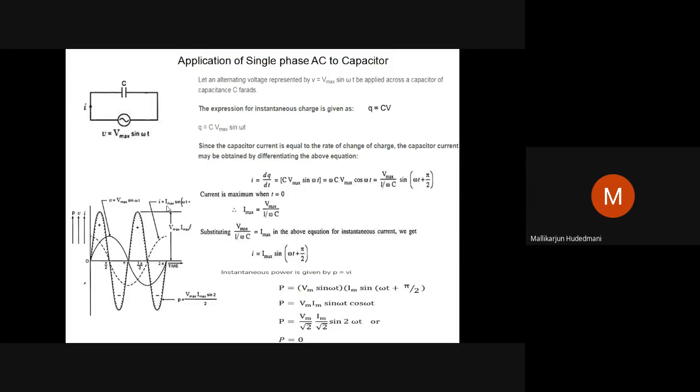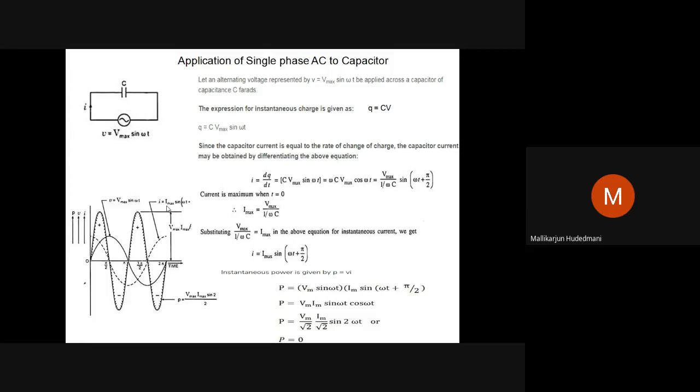Ultimately, my task in applying single phase AC to any electrical quantity is to understand the nature of the current, the behavior of the current, power if so, and their representation. In that direction, if I consider coulombs of charge quantified by Q equal to C into V, from this Q I can get the current, dQ by dt. I will get the value of current. That is the reason Q equal to CV is taken as the fundamental for the study.